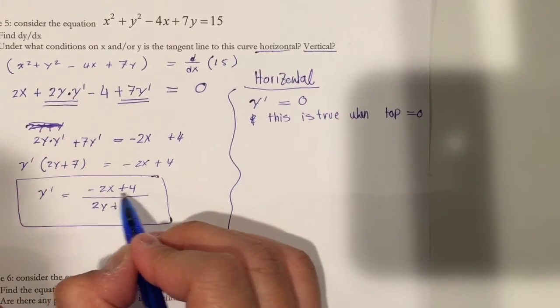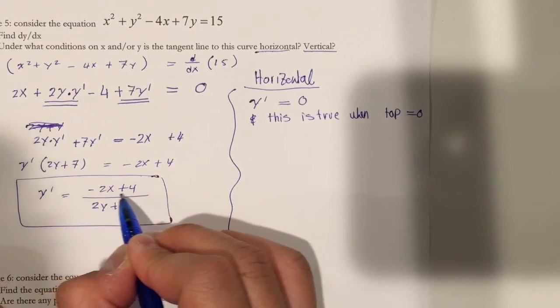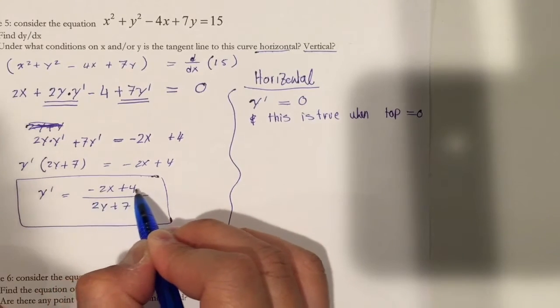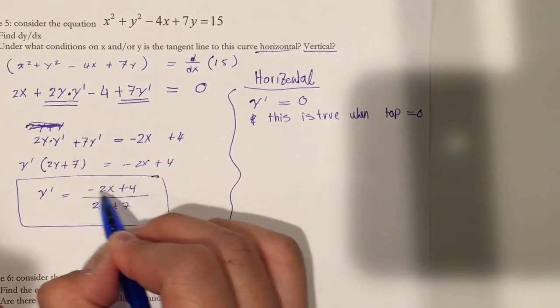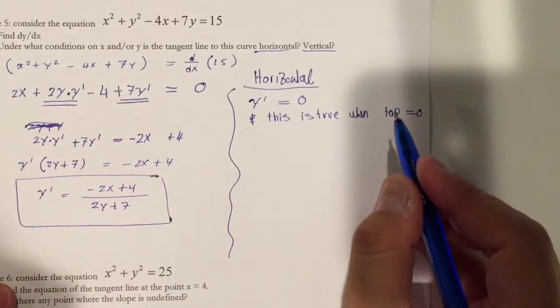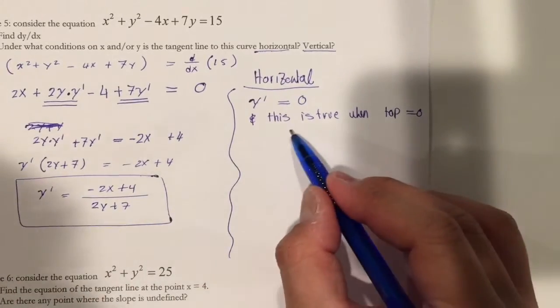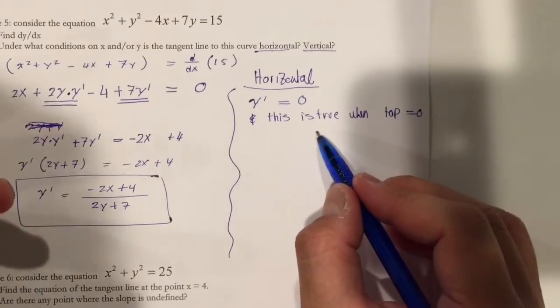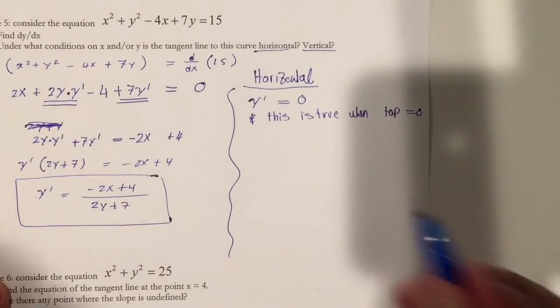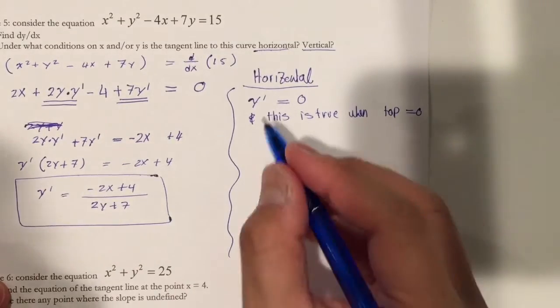By looking at this, we can use common sense to conclude that when x equals 2, the top is 0, because when x equals 2, you're going to get negative 4, and negative 4 plus 4 is 0. So that's the answer. x equals 2. But if you want to systematically solve it, how do you show that x equals 2?